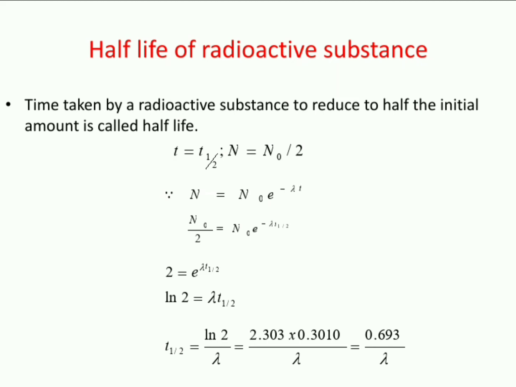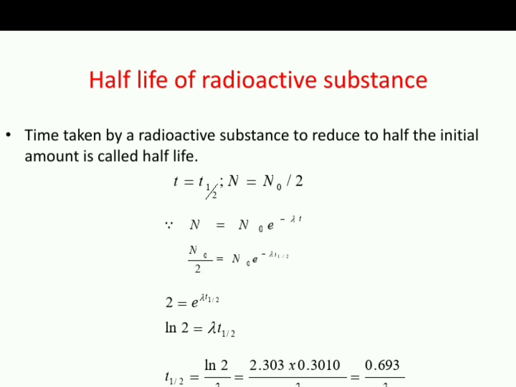So N naught will anyway get cancelled. You can cancel this N naught on either side. 1 by 2 is e to the power minus lambda into T half, or 2 is equal to e power lambda T half. Apply log on either side and simplify. You get T half as log 2 by lambda.